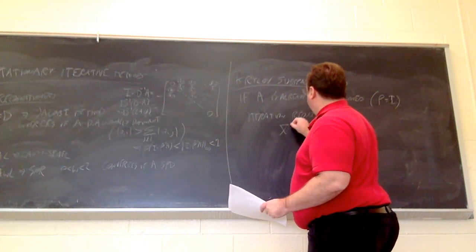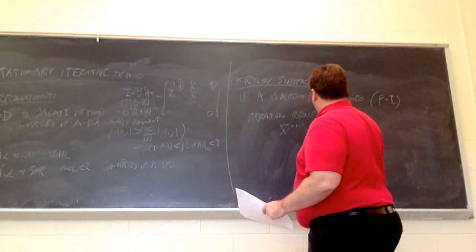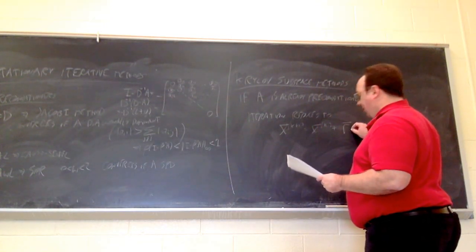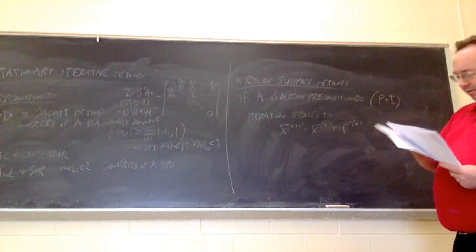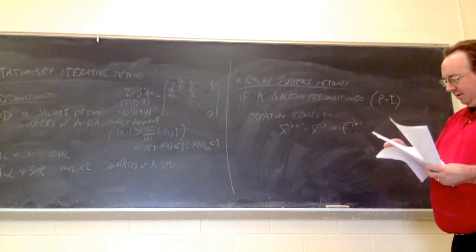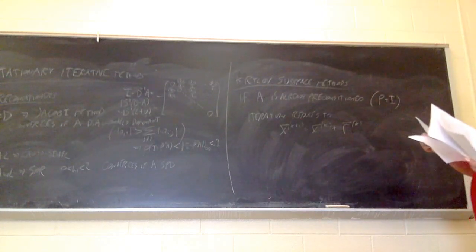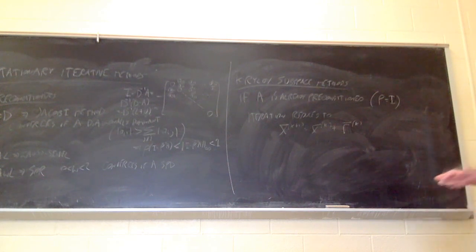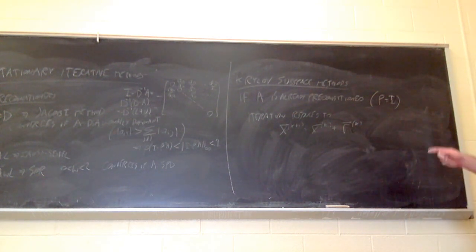x_{k+1} is equal to x_k plus r_k. Let me check my notation from the previous notes here. Okay, for some reason in the notes, I switched from using a superscript for r_k to just using a subscript.